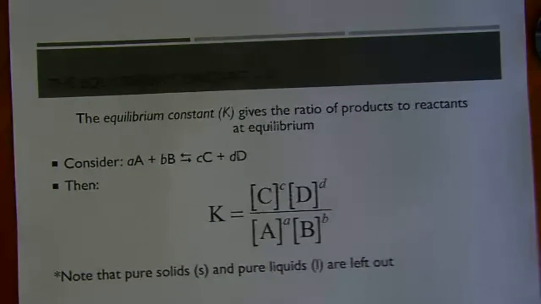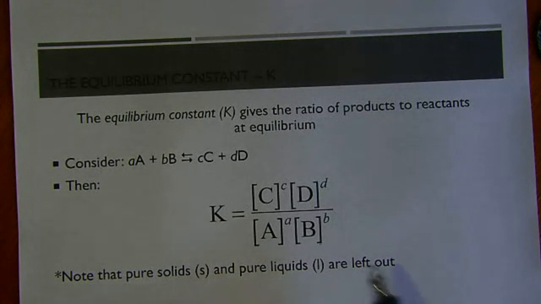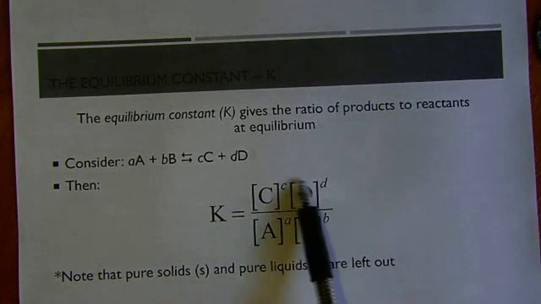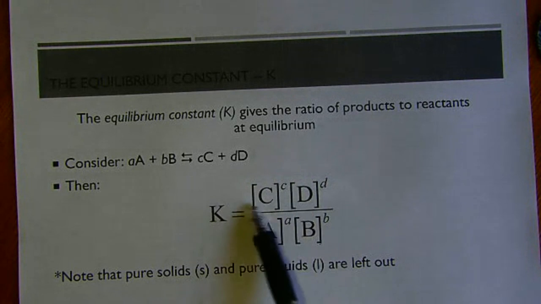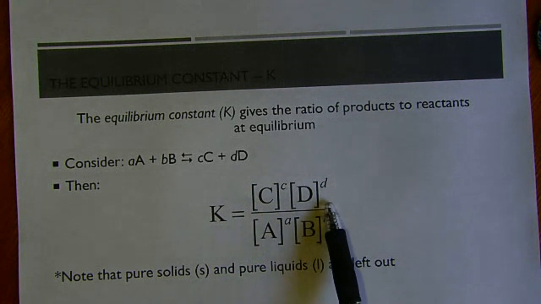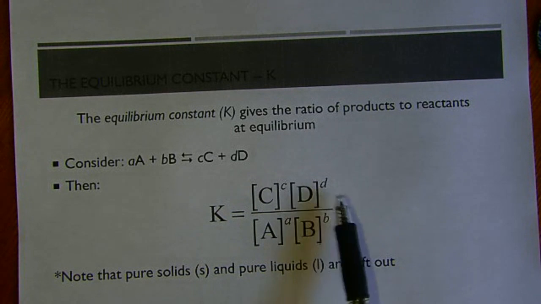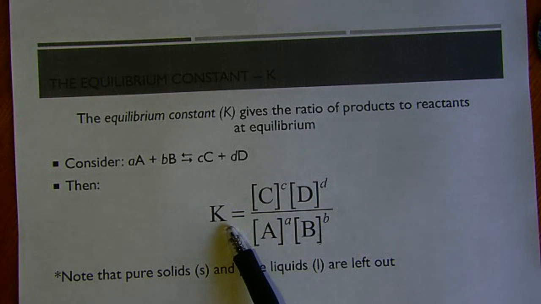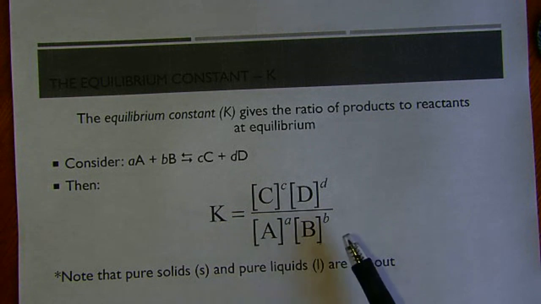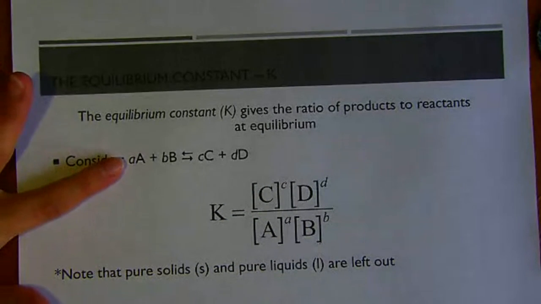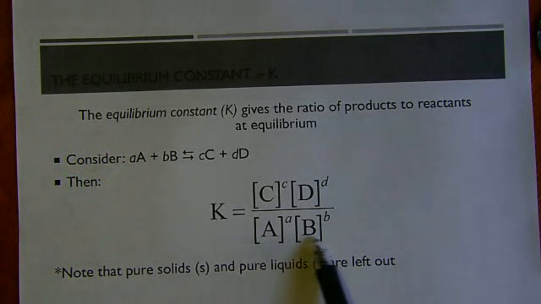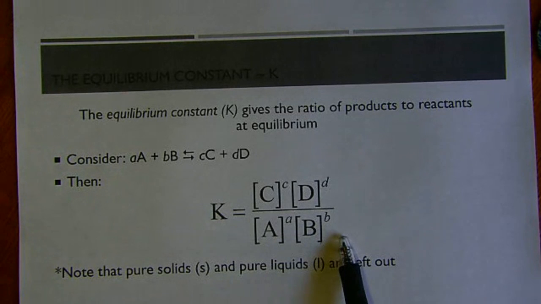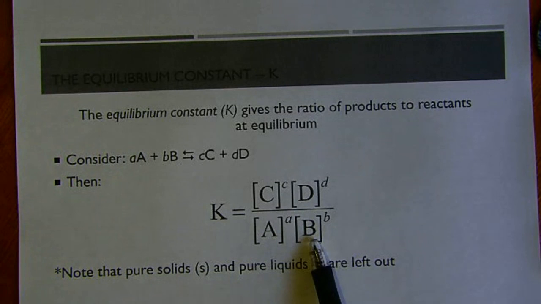If it is a product favored equilibrium, that means you're going to have more products at equilibrium, which appear on the top of this expression, which means that your equilibrium constant is going to be greater than 1. If it's a reactant favored equilibrium, that means you're going to have a higher concentration of your reactants at equilibrium than your products, which means that your equilibrium constant is going to be less than 1.